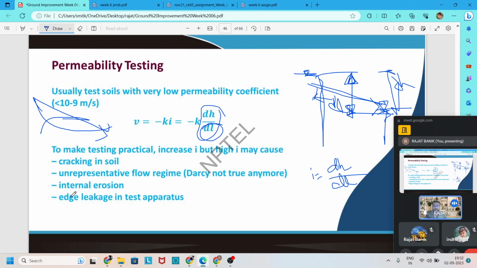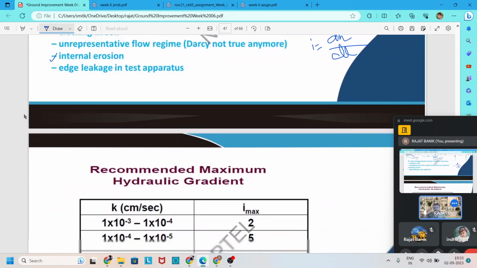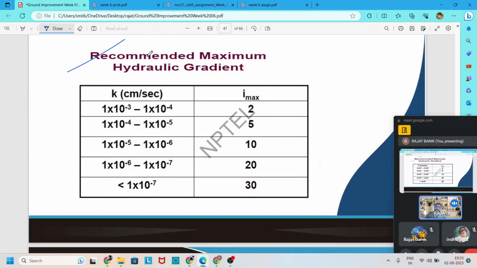Another is that if a high or increased hydraulic gradient is present, internal erosion may happen, because the flow of water is greatly increased. Due to the increased flow, the fine particles of the surrounding soil may be eroded. So there is one table given for the maximum hydraulic gradient used for the permeability test.